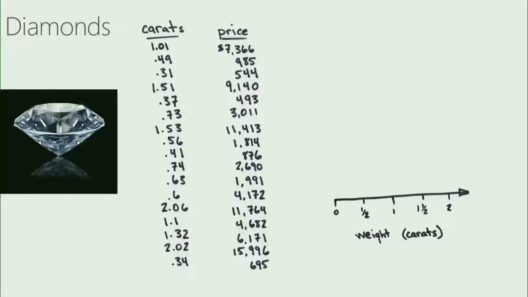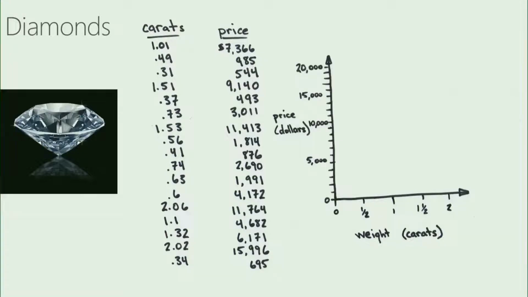Then I take my pen and my paper, and I create a little number line for the weight in carats. And I see that most of them fall between 0 and 2, so I size it appropriately. And I create another number line at a right angle to that for the price, covering all of those values.